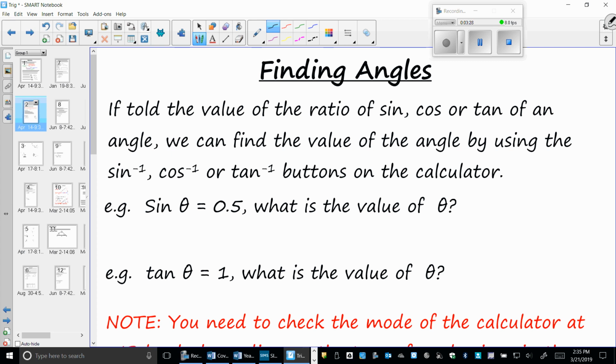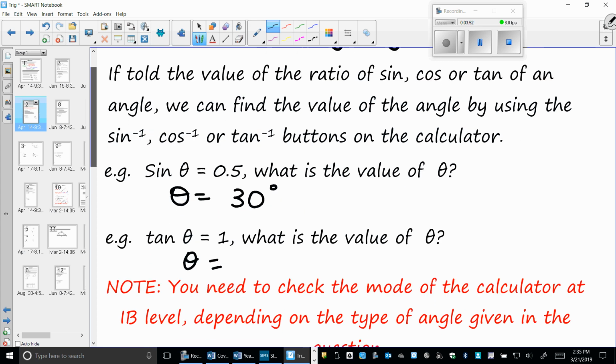So if sine theta is 0.5, do we know what theta is? Put it in the calc and you find it's 30. If tan theta is 1, then theta is, I can't remember.